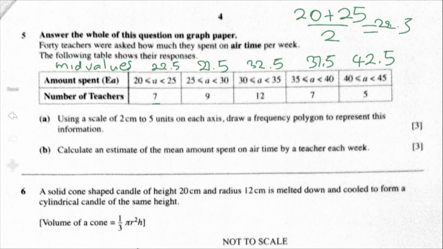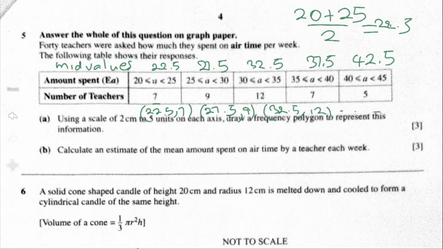So your ordered pairs will be 22.5 versus the frequency 7, 27.5 comma 9, 32.5 comma 12, and so on: 37.5 comma 7, 42.5 comma 5.